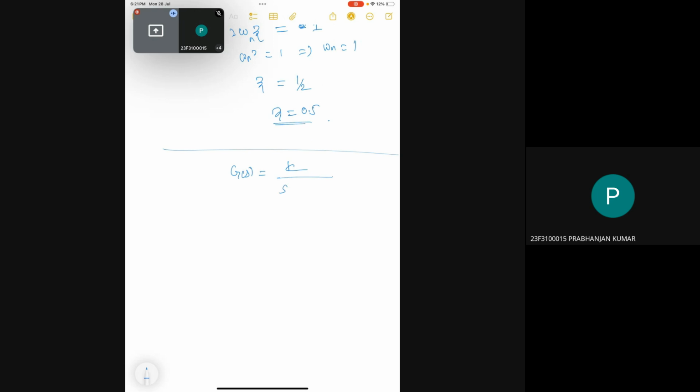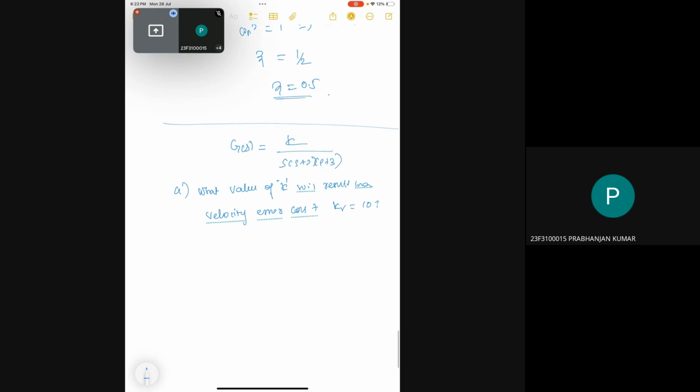K by S into S plus 2 into S plus 3. The first question is, what value of K will result in a velocity error constant Kv equal to 10?